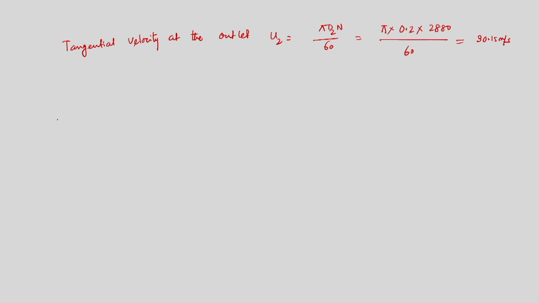As I said, the Euler's equation for this case would be u2 c theta 2 by g. It is not correct, because we need to take slip into account. When the pump is rotating, the flow direction at the outlet does not match the blade angle.